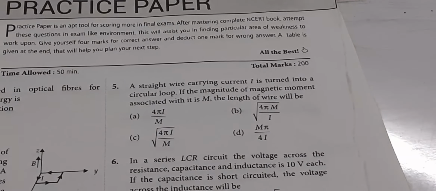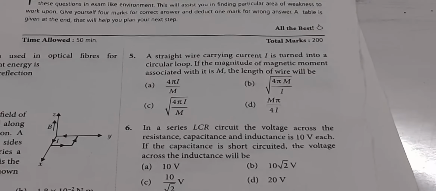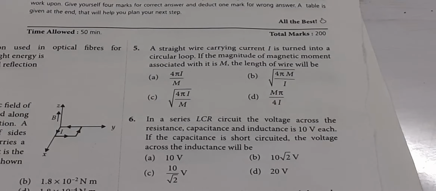Now next question, number 6. In an LCR circuit, the voltage across the resistance, capacitance and inductance is 10 volt each. If the capacitance is short circuited, the voltage across the inductance will be? The potential drop across the resistor is 10 volt, across the inductor 10 volt, and across the capacitor 10 volt.